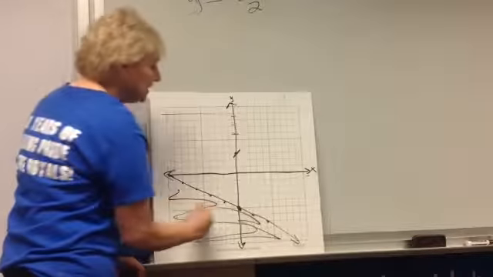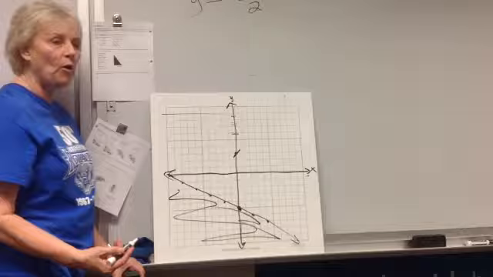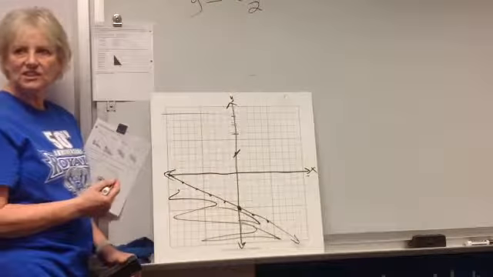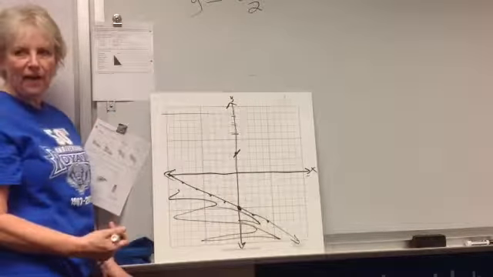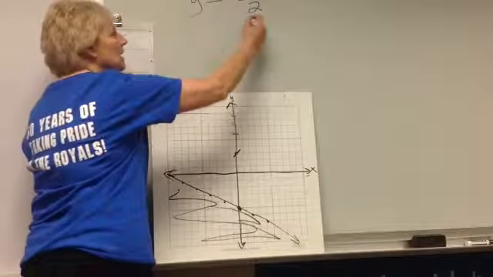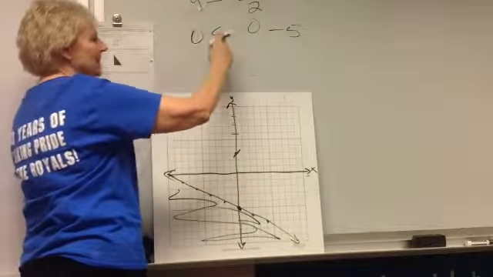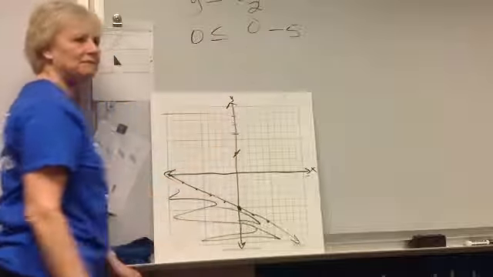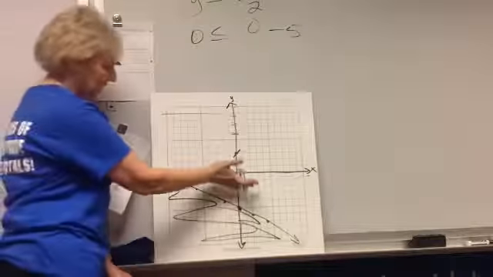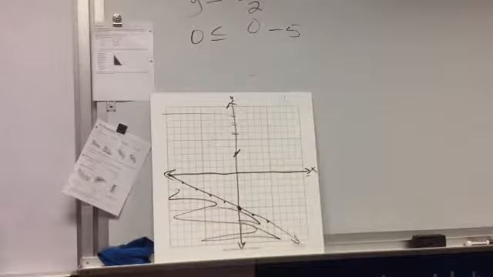Now let's say you're not sure where to shade it. Pick a point. See, this is why I picked 0, 0, because 0, 0 gets rid of fractions. If it's 0, 0, is 0 less than or equal to negative 5? No. And that's why I don't have that side shaded. Make sense?